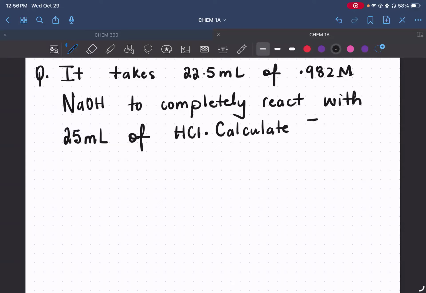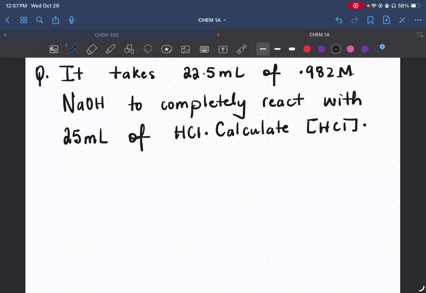Calculate the concentration of HCl. Reading it in the form of a question should be a lot easier for you to say, oh yeah, I know what to do here.